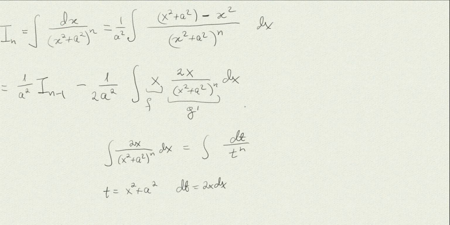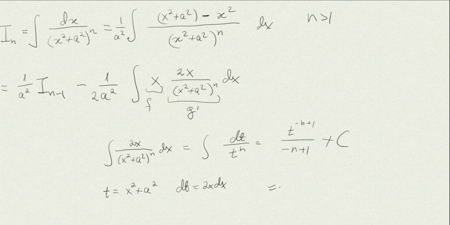And here we assume, of course, that n is bigger than 1. Otherwise, if n is 1, then we know how to solve it. At n equals 1, this is 1 over a arctangent of x over a, so we know the solution for this. So we'll assume that n is bigger than 1, so this is t to the power of minus n, so this is t to the power of minus n plus 1 divided by minus n plus 1, plus a constant.